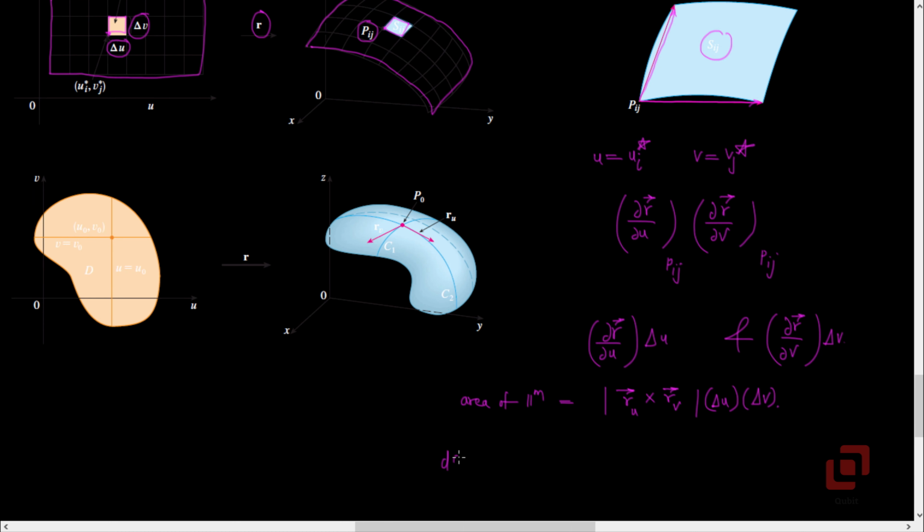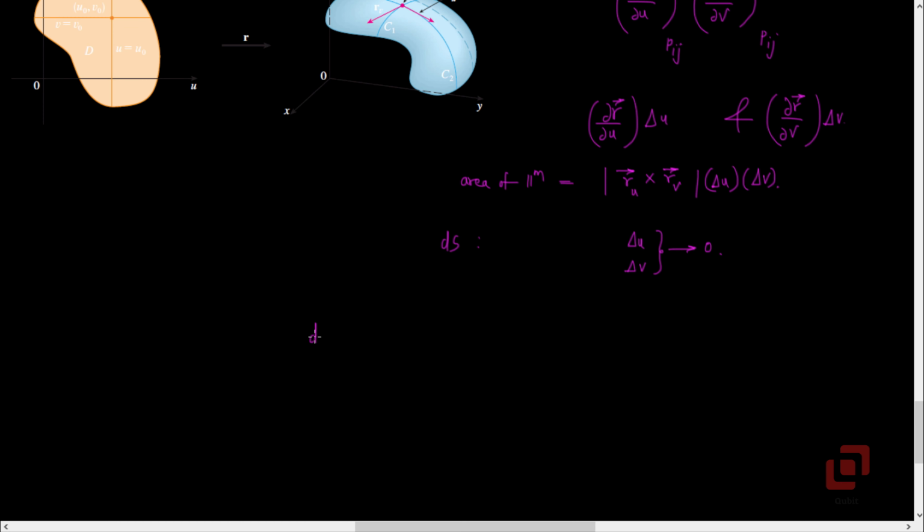To get the differential area dS, we should allow delta u and delta v to tend to 0. And when we do that, we get the expression for dS as: dS equals mod of the partial derivative of r bar with respect to u cross the partial derivative of r bar with respect to v, du dv.